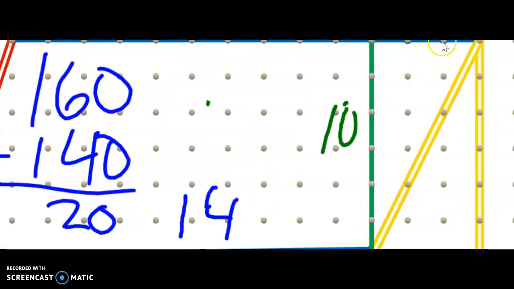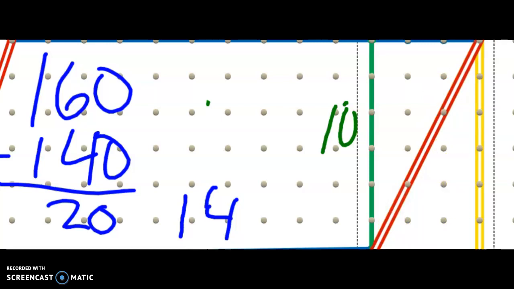So when we look at this triangle over here, the parallelogram area is 140. So what we need to know is that the area for the triangle is going to be 10 times something, in half. So what is that area going to be right there? It's our 20.